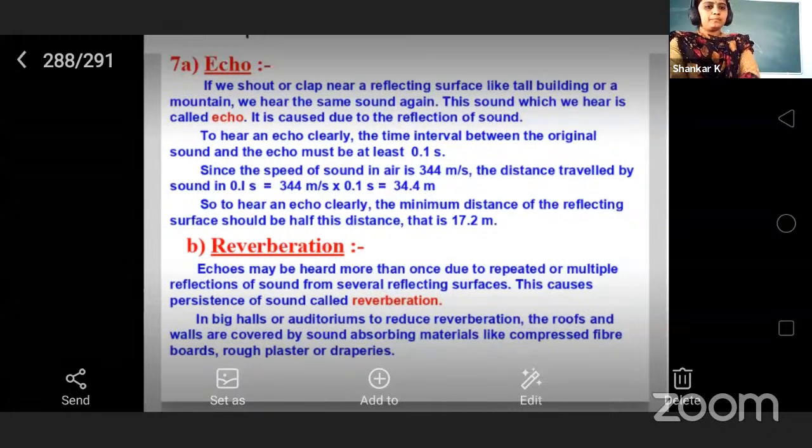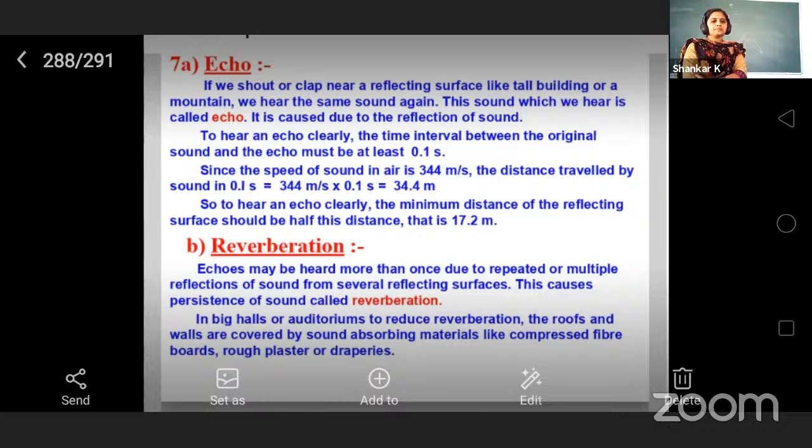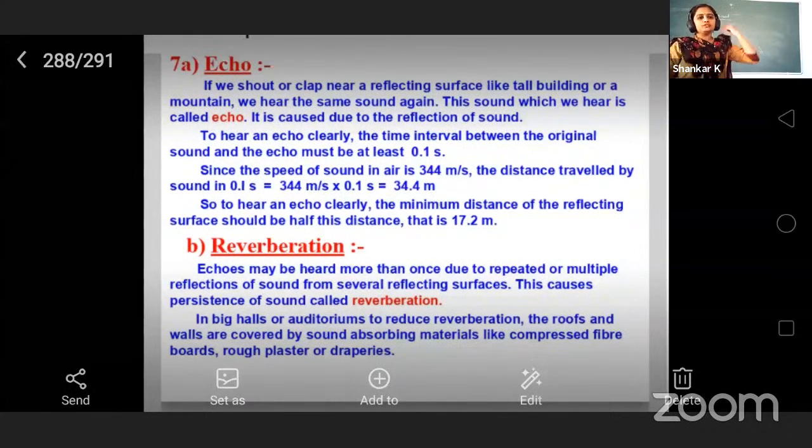Yes, ma'am. Have you done this activity in Gol Gumbaz? Once if you speak, it repeats 7 times in Gol Gumbaz. Why? Because it has 7 columns, and the sound reaches them 7 times.